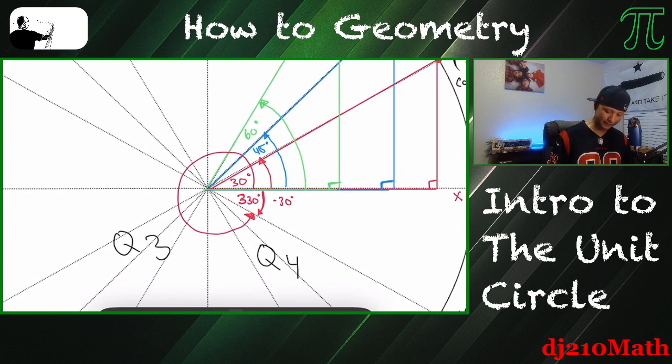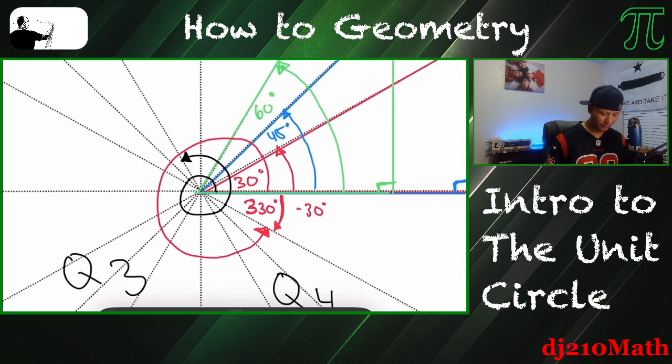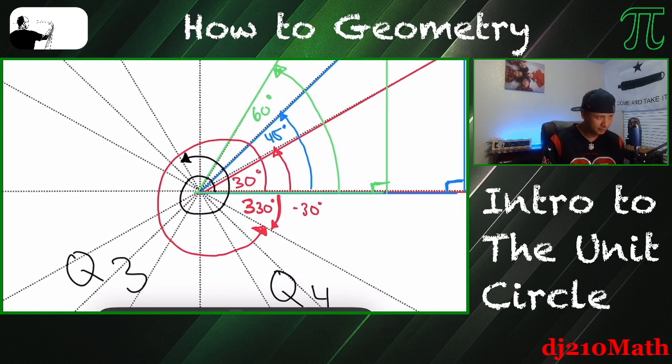So if I picked, say, let's do a kind of tricky one. If I start at 0, go around, and stop here, let's think about that for a moment. I went around how many times? One whole time, so it's 360 degrees.